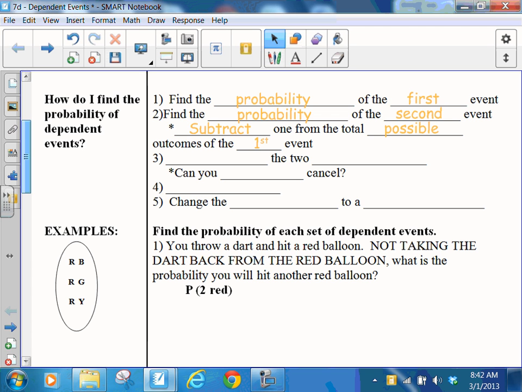Number 3, once you have both fractions, you multiply the 2 fractions together and check if you can cross cancel. When you get your answer, you need to simplify.